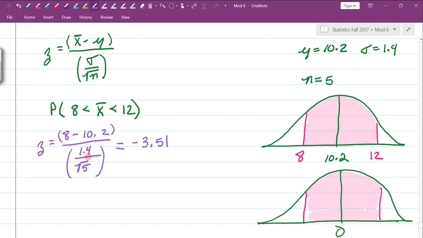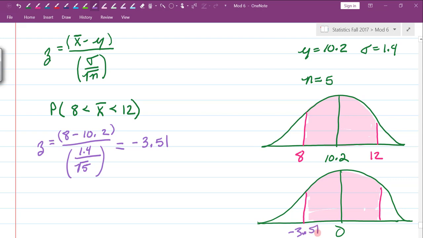I prefer that you not calculate this independently and just use 2 or 3 decimal places. I prefer that you go ahead and put it in your calculator in full form and let the calculations run to get a more accurate answer. Okay, so on the left-hand side, we have negative 3.51, and now let's calculate our other z.